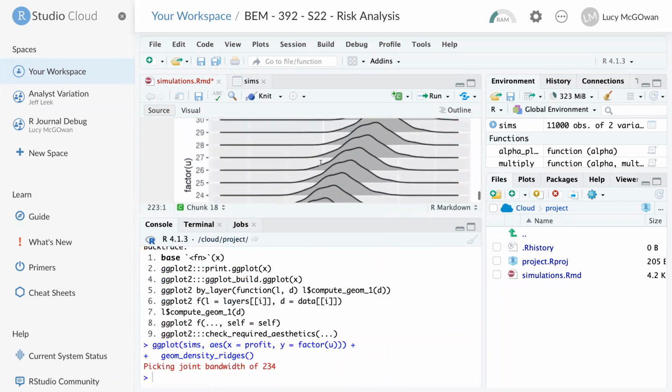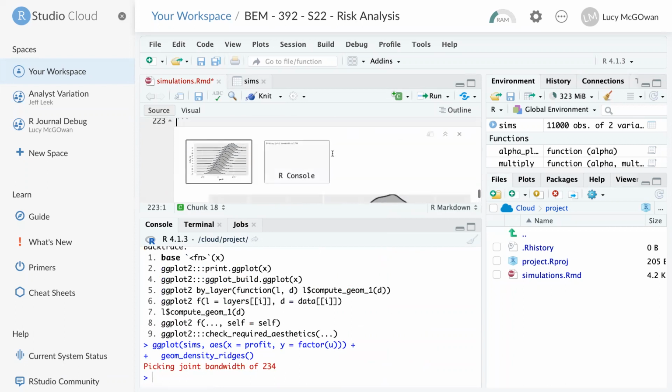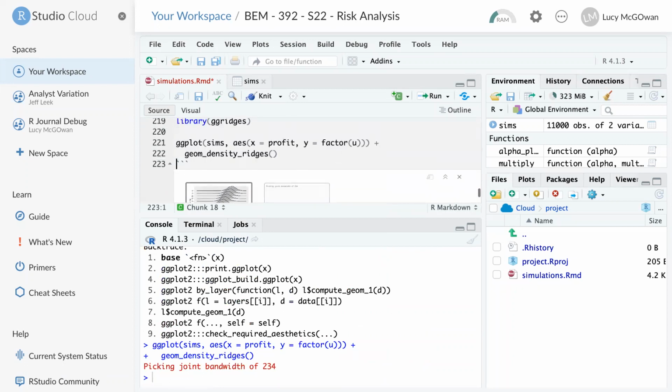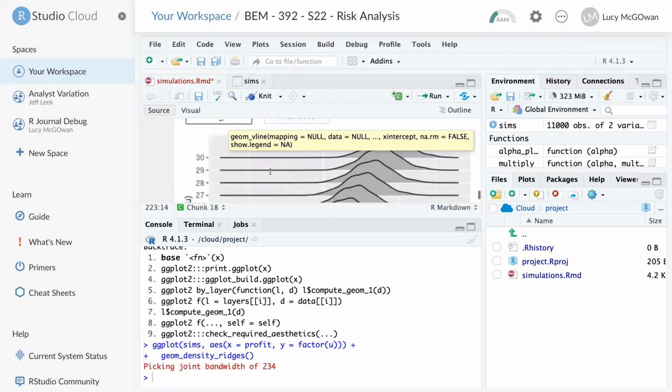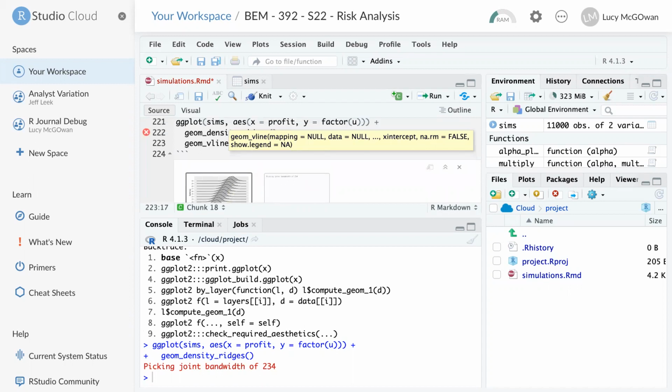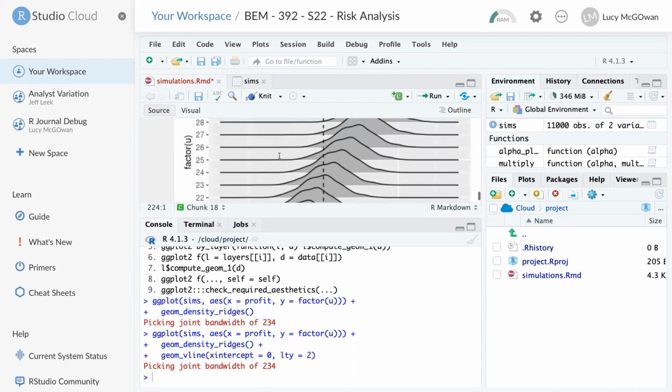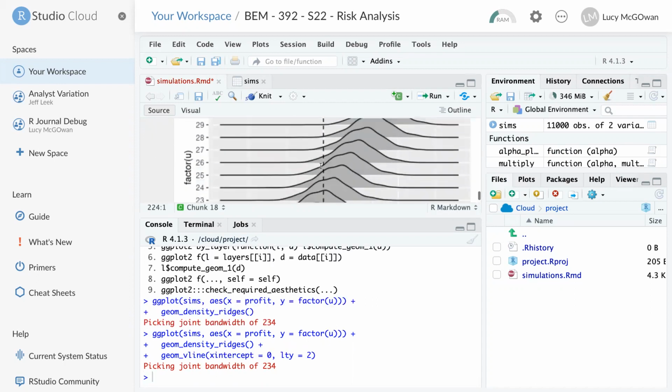Nice. And then I can add a little vertical line. So I can use the geom_vline to put a line at the x-intercept to show where we'd not be profitable, where we'd actually be losing money.